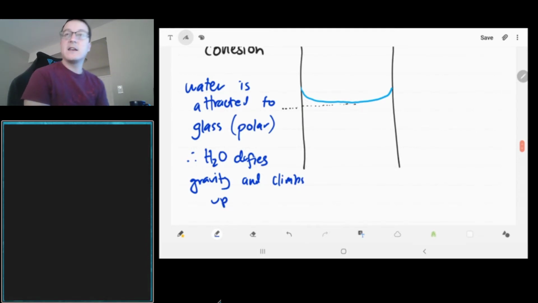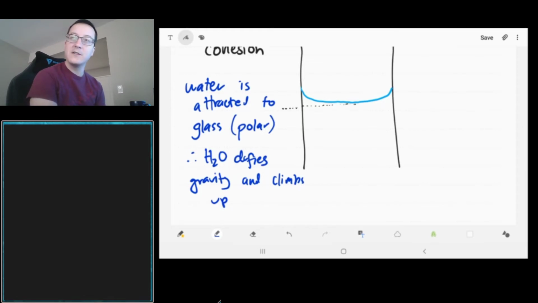We're going to see this is kind of a similar idea to capillary force, which is something you'll see in biology a lot more. It's how plants absorb water and can be all rigid and get water from their roots all the way up to their branches. In order to defy that gravity, you have to have these intermolecular forces.